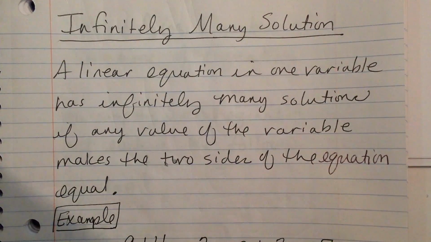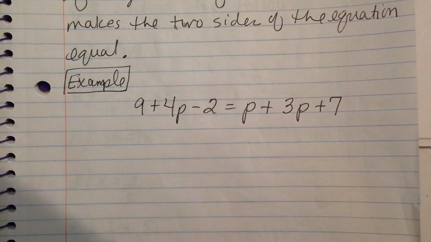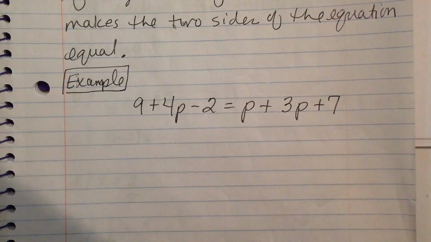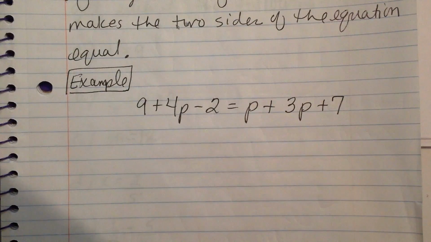So looking at this example, I have 9 plus 4p minus 2 equals 2p plus 3p plus 7. All right. I cannot distribute in this problem, but I can combine.